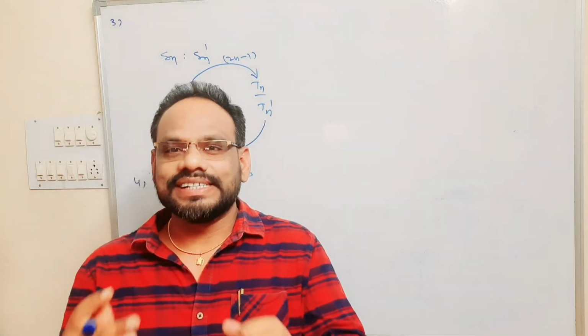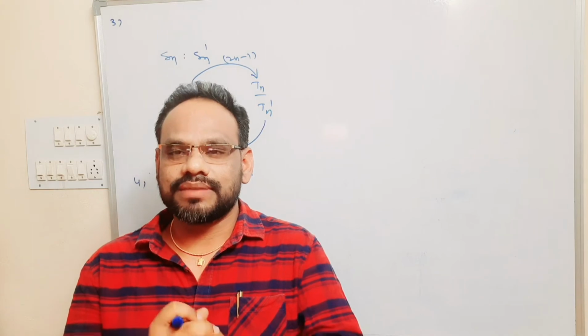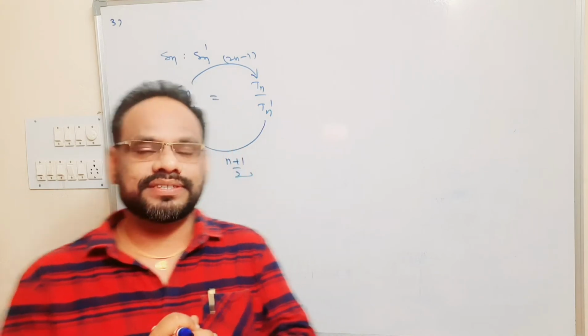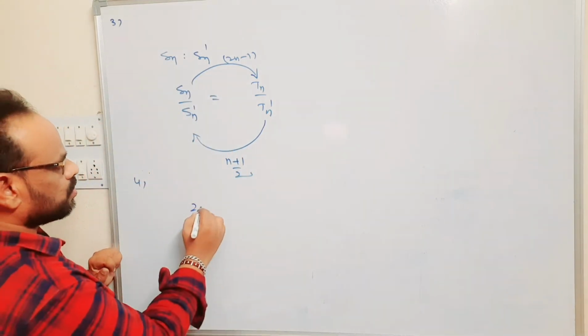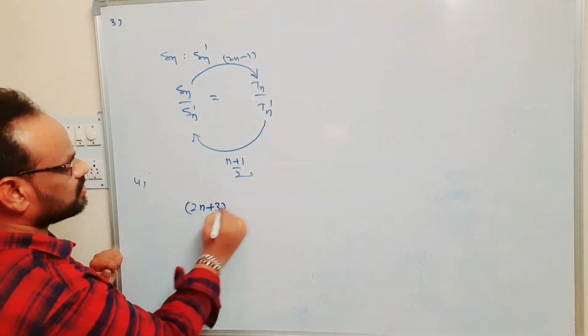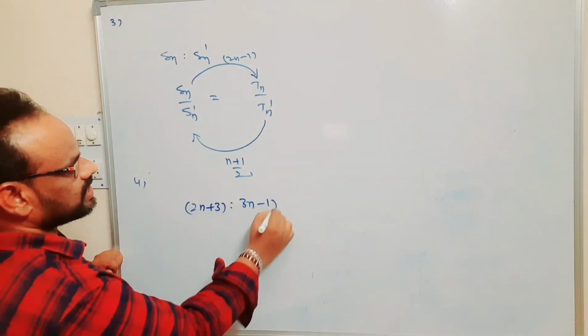The sum of first n terms of two APs are in the ratio 2n plus 3 is to 3n minus 1.